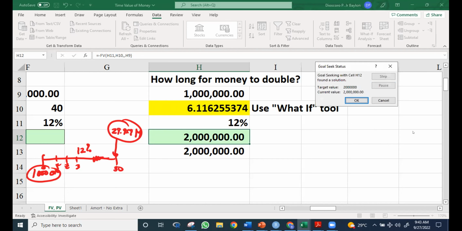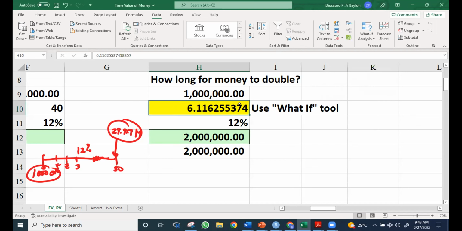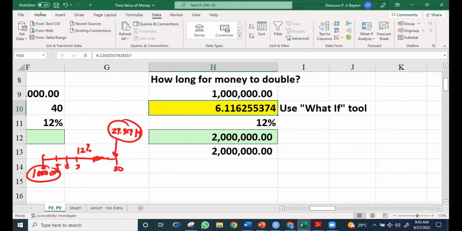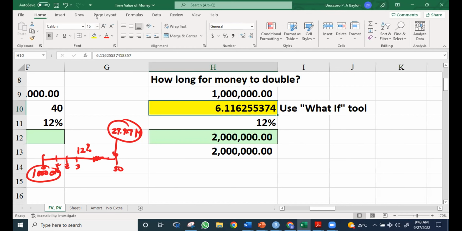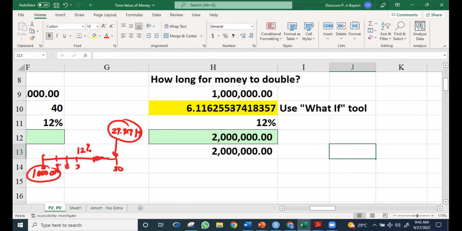So, okay. All right. If I increase the number of decimal places, this should be the answer. I don't think it should be any other answer because of the exact computation and 2 million. 6.11625537418357 and so on.